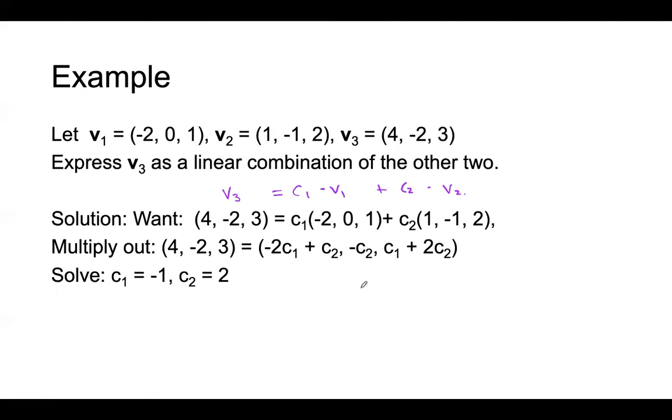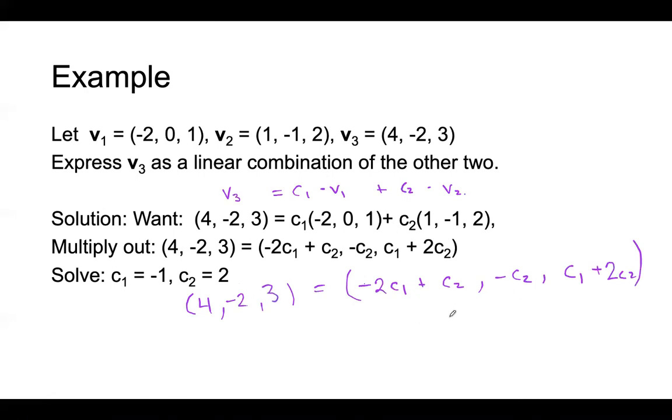So this would be -2 times C1 plus C2 for our first value, and this is equal to 4. Our next one is 0, and this is negative C2, and this is equal to -2. And our last one is C1 plus 2 times C2, and this is equal to 3.